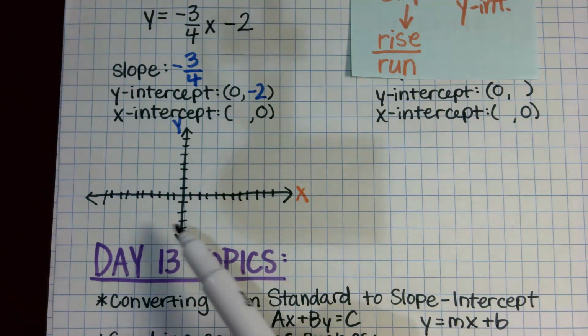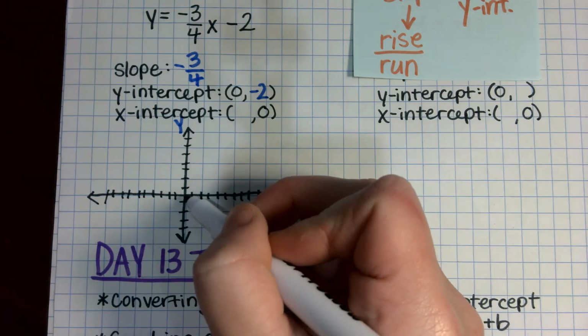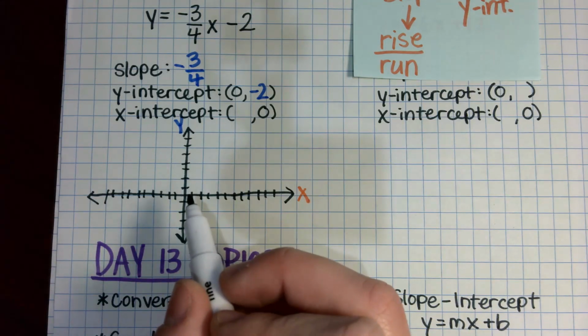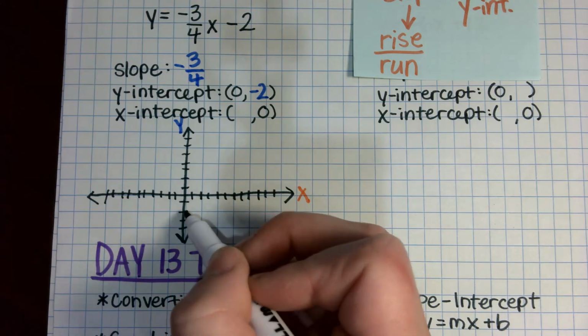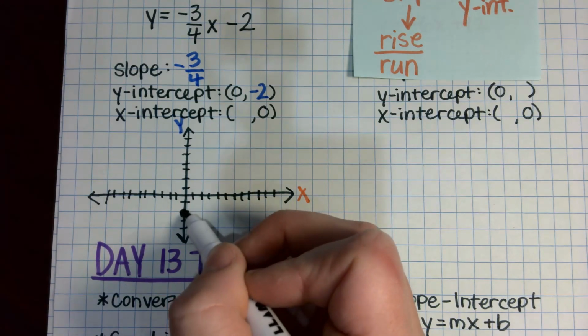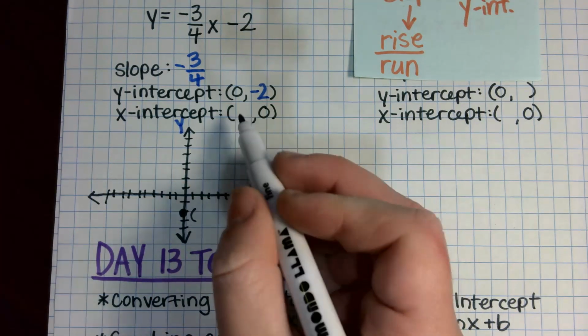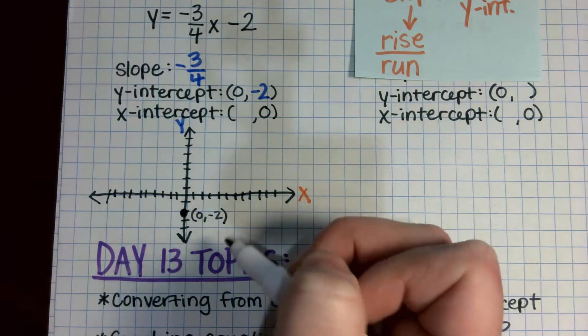So where would we put this on? 0 in center of the x. Uh-huh. So we're going to go over 0 on the x-axis, and then our y is negative 2, so how many up or down do we go? Down 2, thank you. So we go 1, 2, and we're going to plot this point right here. This is our y-intercept. So I'm going to label it 0, negative 2.